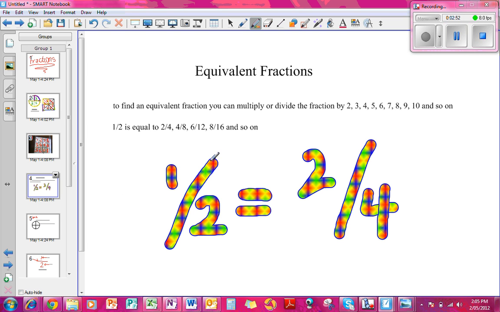So you could have 1/2, which equals the same as 2 quarters, because 2 is half of 4 and 1 is half of 2. It's the same as 4/8, like here, because 4 is half of 8, so it makes a half still.